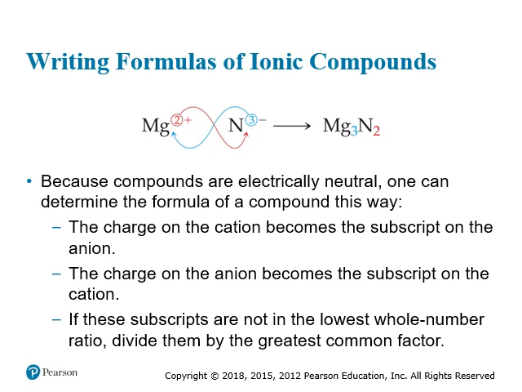Each nitrogen is willing to gain 3 electrons, and since we have 2 nitrogens, then they are willing to gain 6 electrons. So everything works out nice and neat.